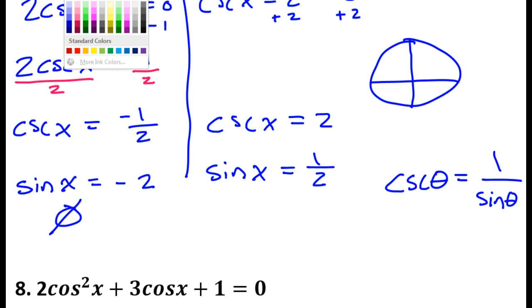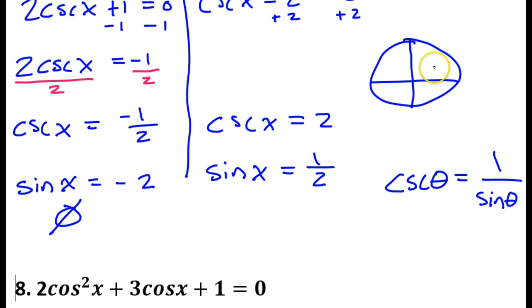But as soon as I hear that the reference angle has to be pi over 6, I'm going to draw a unit circle with a bunch of pi over 6's on it. Looking at the top half of the circle, I know the top semicircle is pi.